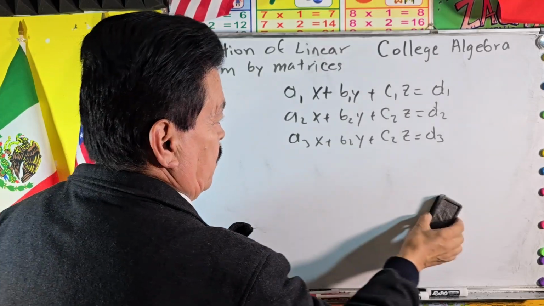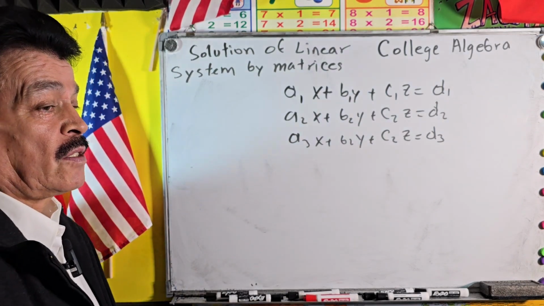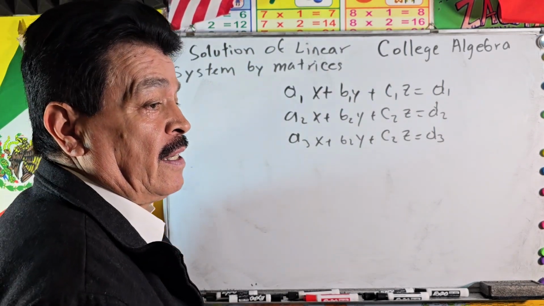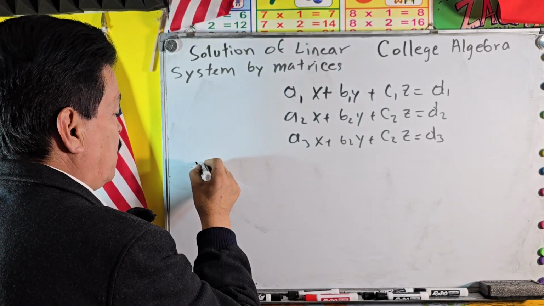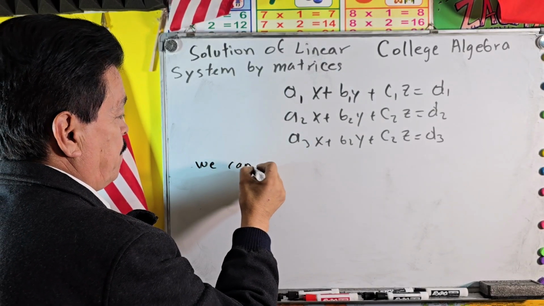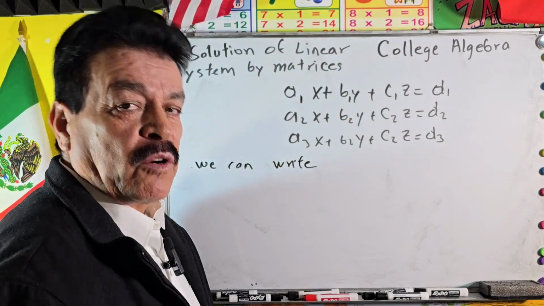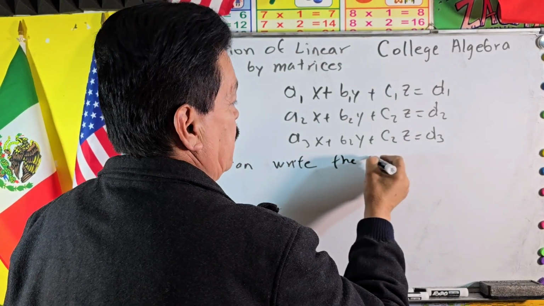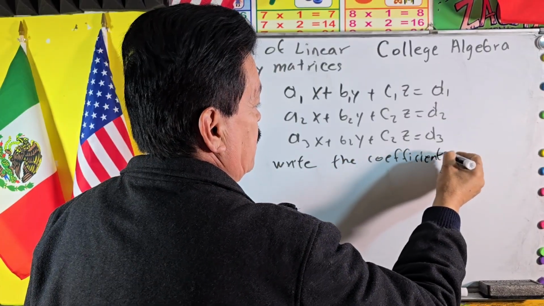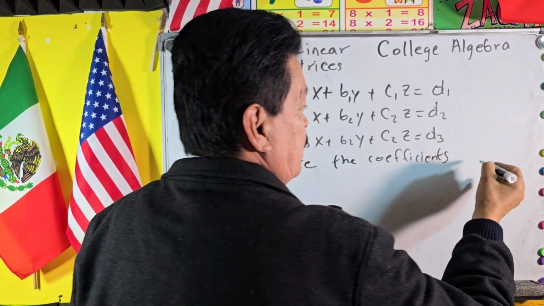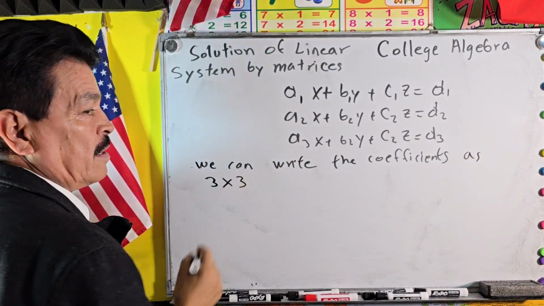So we have this matrix. We can write the coefficients as 3 by 3.